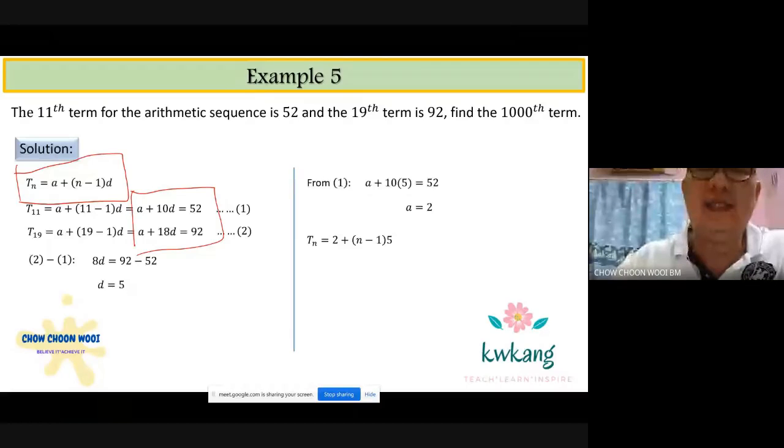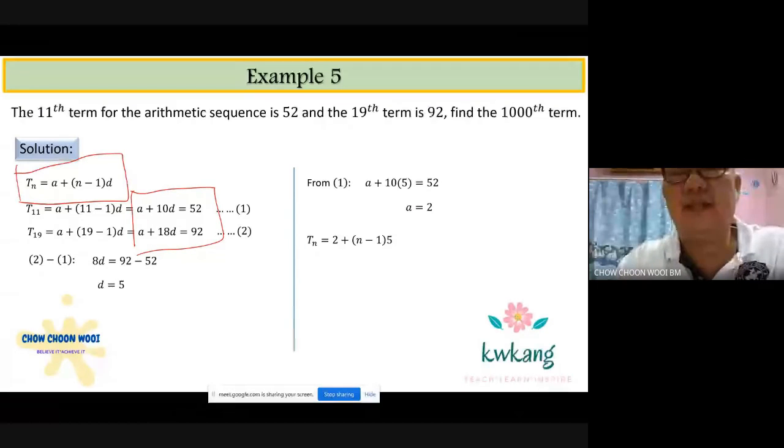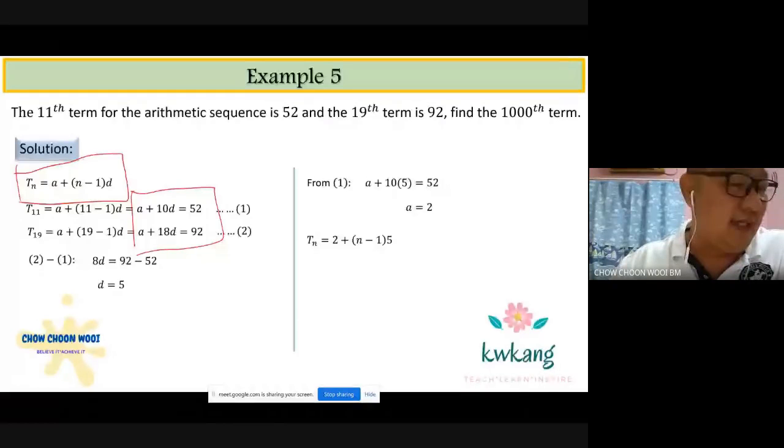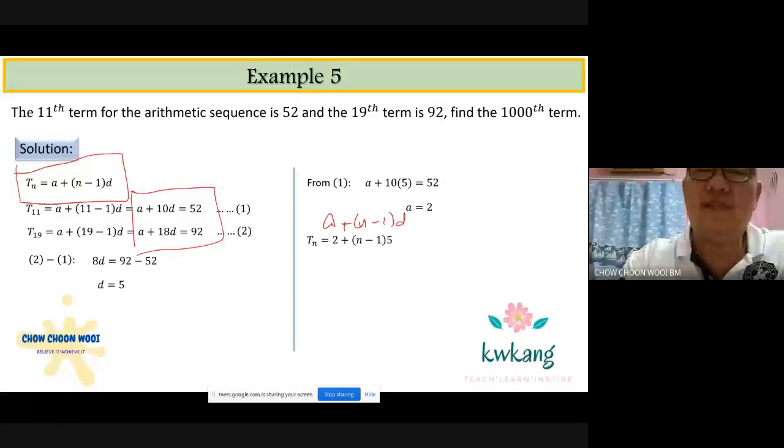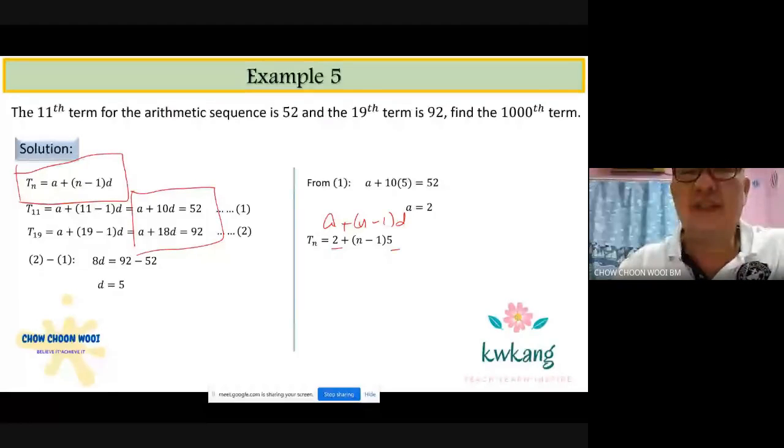Dia suruh cari Tn is equal to 2 plus (n minus 1) multiplied by 5. Itu Tn kan? Tn is A plus (n minus 1)d, right? So since we obtain the value of A and the value of D, kita masuk dalam rumus. So what is Tn? If you simplify, you will obtain 5n minus 3.